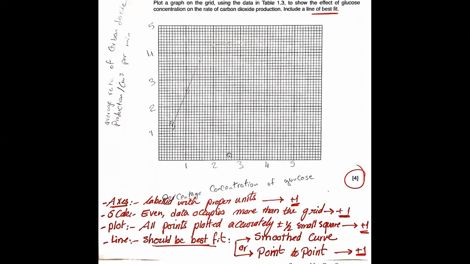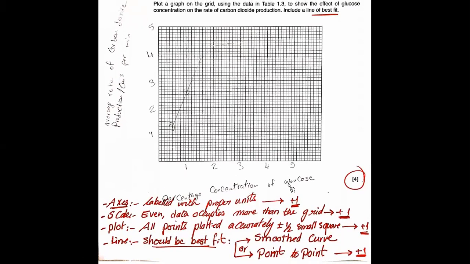Number three, plotting: all points plotted accurately. The error that may be considered is not more than plus or minus half a small square. This is 1 mark.